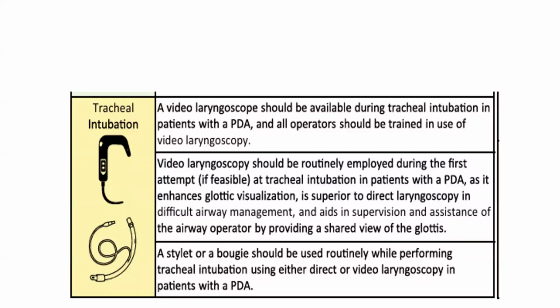Video laryngoscopy should be routinely employed during the first attempt at tracheal intubation in patients with this airway, as it enhances glottic visualization, is superior to direct laryngoscopy in difficult airway management, and aids in the supervision and assistance of the airway operator by providing a shared view of the glottis. A stylet and the bougie should be used routinely while performing tracheal intubation using either direct or video laryngoscopy in these patients.